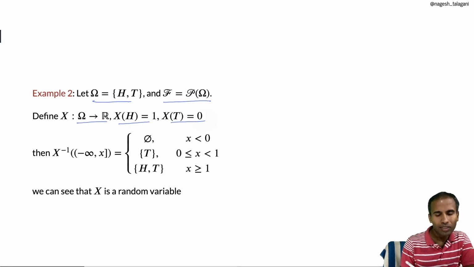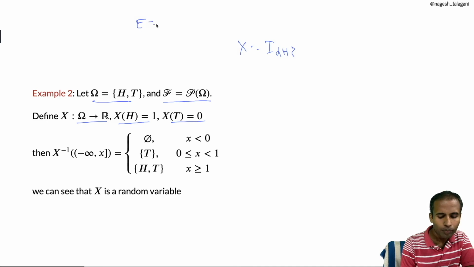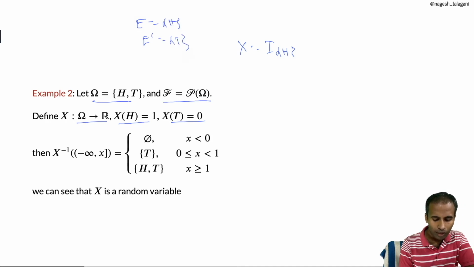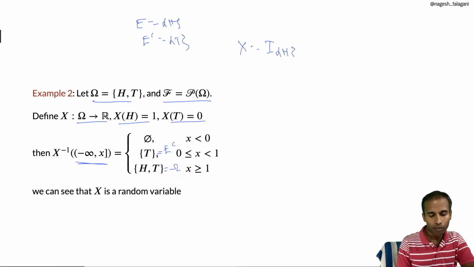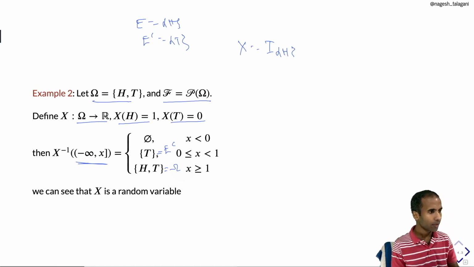You can recognize X as the indicator function of the singleton H. If you take E equal to the singleton H, then E complement is the singleton T. Just like we wrote earlier, when x is less than 0, the inverse image is empty. When x is between 0 and 1, it is E complement. And this is all of omega. Obviously this X is going to be a random variable. Fine. Next.